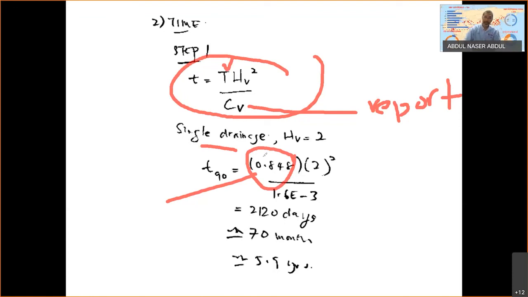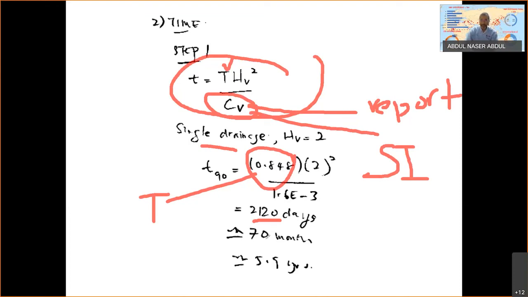So T90 equals capital T, which is fixed here, 0.848, multiplied by 2 squared divided by the coefficient of consolidation from the SI report. Then we have got 2021 days or 71 months or 5 years. No, 5.9 years. Right?